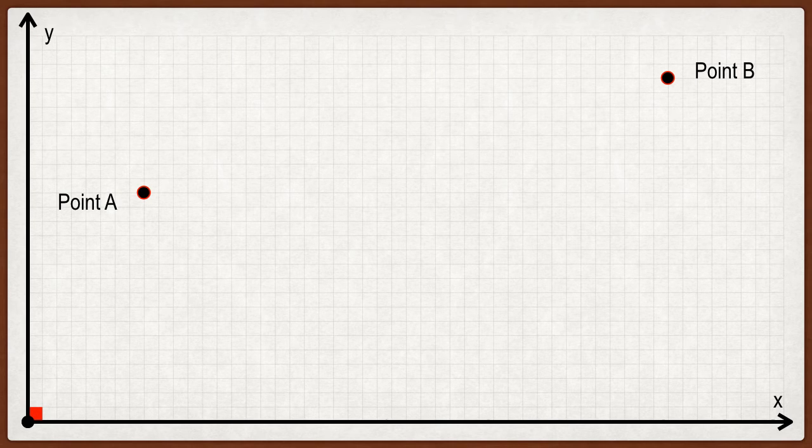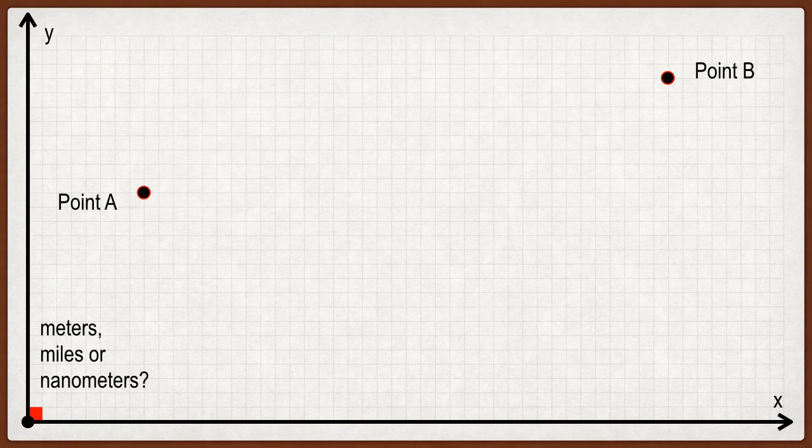The traditional names are X and Y for horizontal and vertical. Next thing, you have to decide on the size of your units. Are you talking meters, miles, or nanometers?